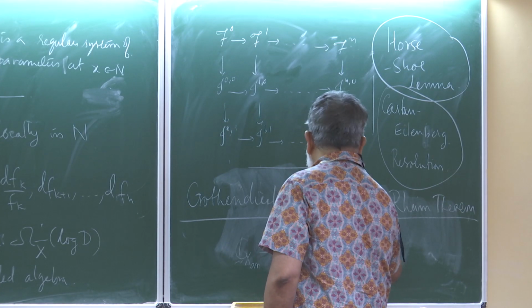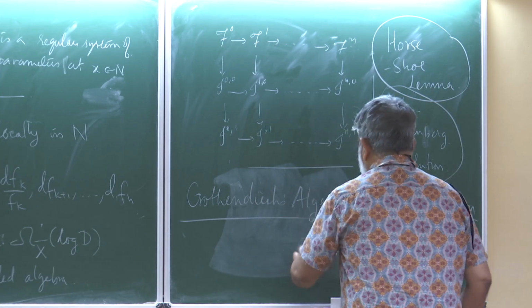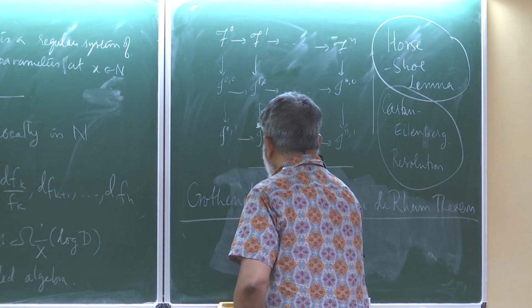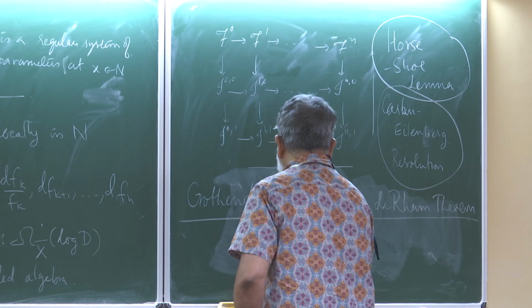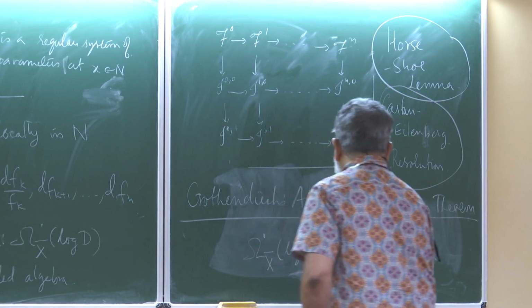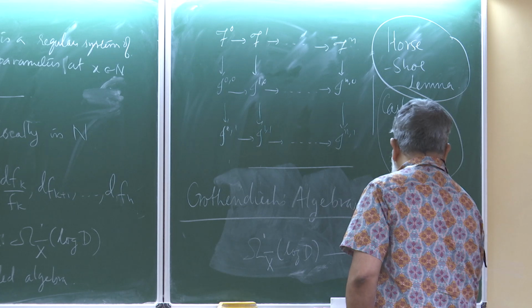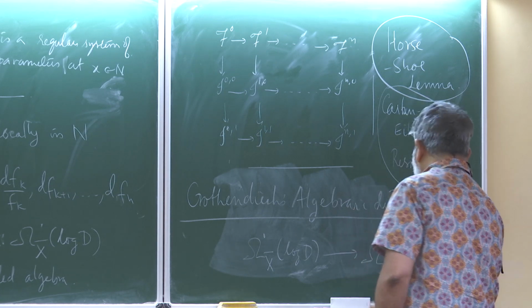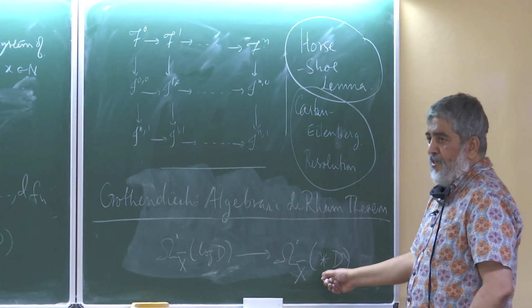Or if you want to be very precise, there's no map like this. There's a natural map in the other direction, where this star means you allow poles of arbitrary order.